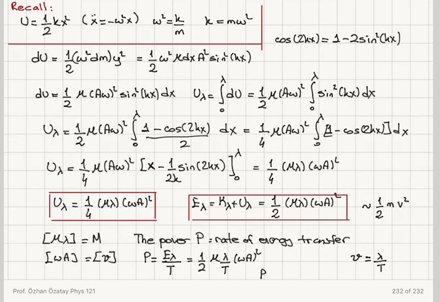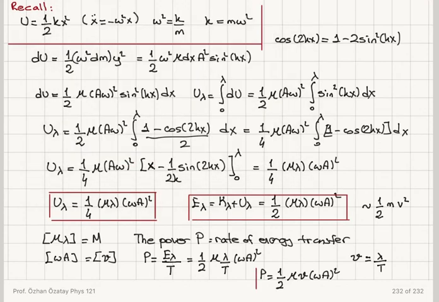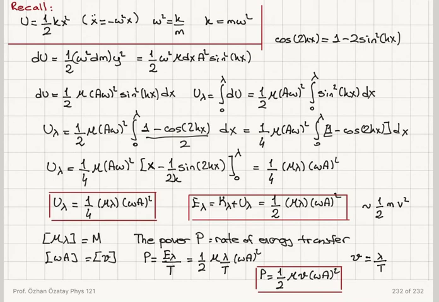So I find that the power, the rate of energy transfer, is 1 over 2 mu v omega squared a squared. So this will be my final answer for the rate of energy transfer in the sinusoidal wave on this string.